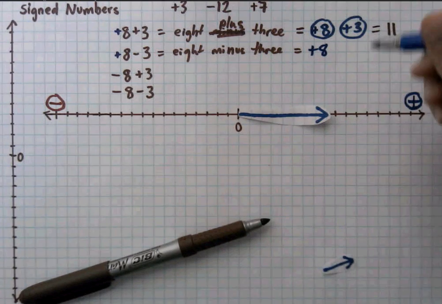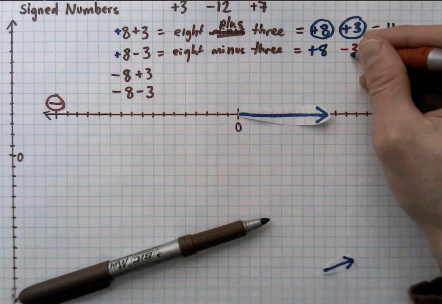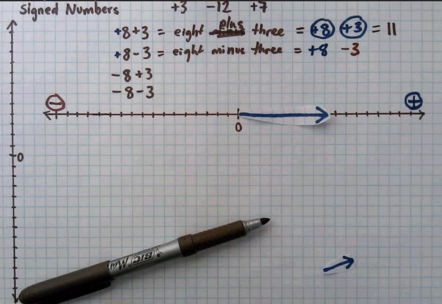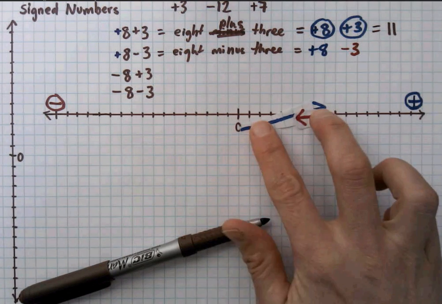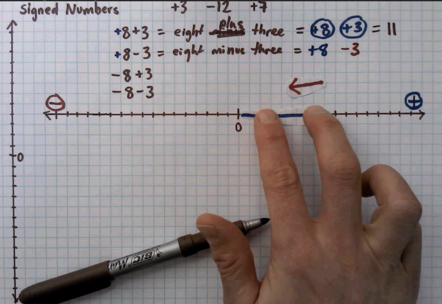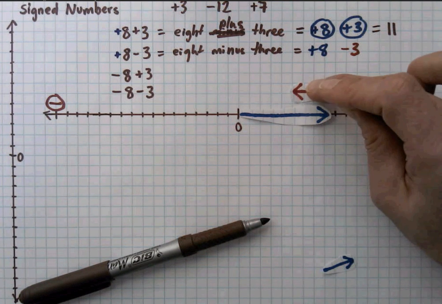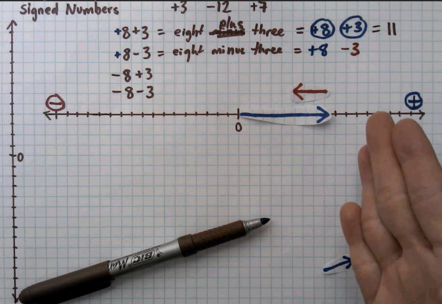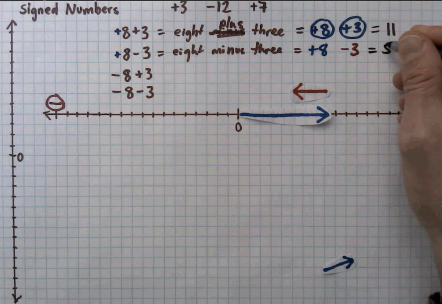Well, we still have the +8 value, but now a -3, instead of continuing on, turns and heads back towards 0 for 3 spaces. So we go 8 in the positive direction, but then turn and go back 3. We end up at 5. Now, you probably knew the answers to both of these already. So now we get to the trickier one.